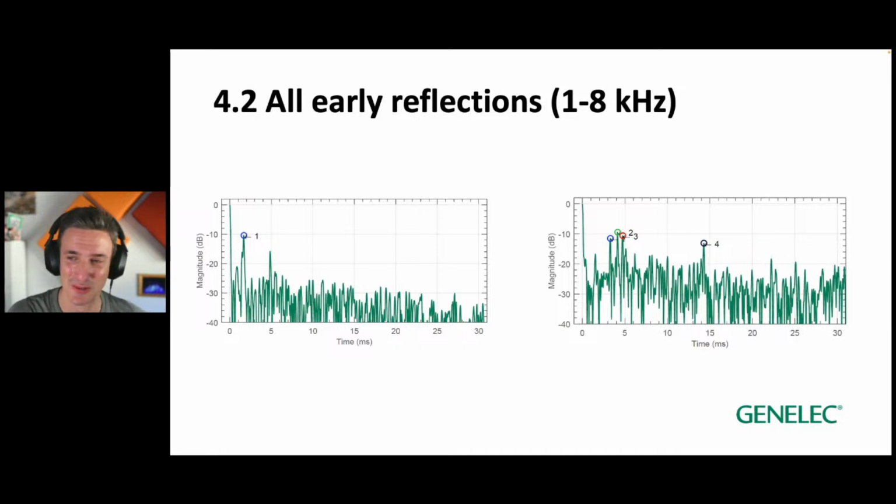Otherwise, it's not usable. And you can see there are a lot of reflections in the first range. So this shows up to 5 milliseconds. So really things that are close to the speaker. And also in general, there is not this nice decay. So it's not getting lower. It almost stays on the same level.